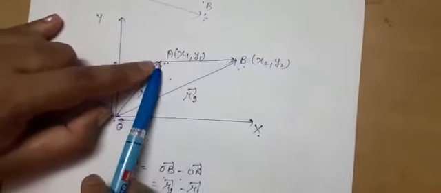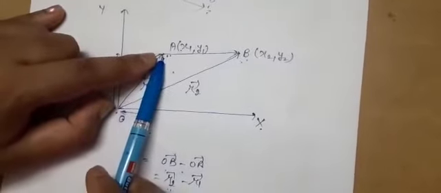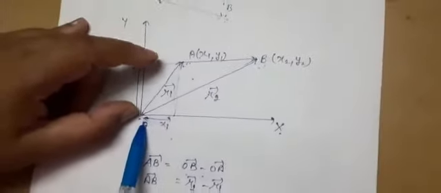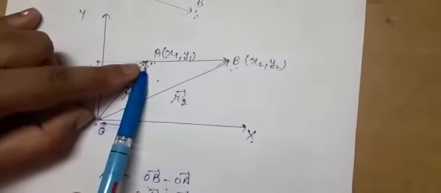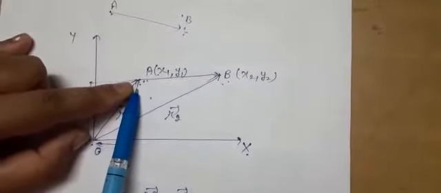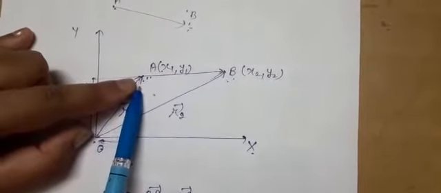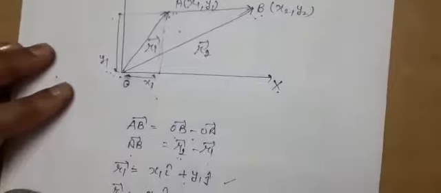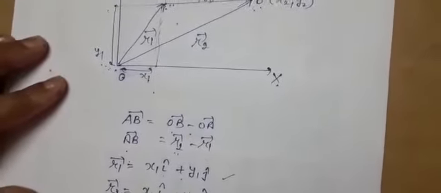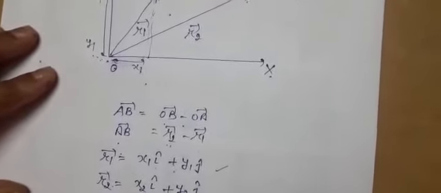So its initial point is not fixed, not the origin or some reference point. So the position vector is a fixed vector, a localized vector, but the displacement vector is a free vector, or you can say a non-localized vector. These are the position and displacement vectors that you will use in further numericals.